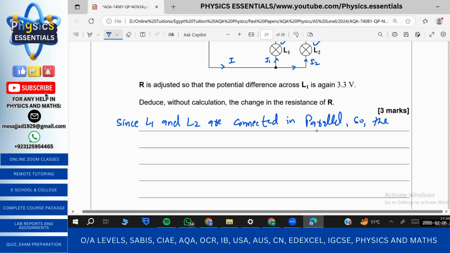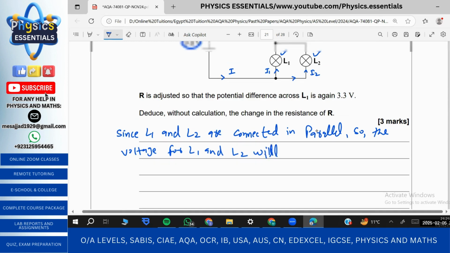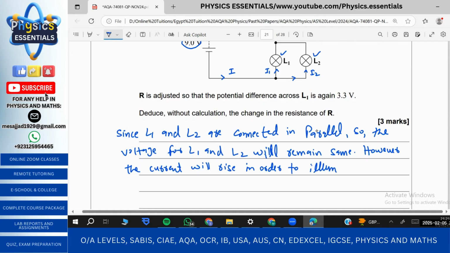So the voltage for L1 and L2 will remain the same. However, the current will rise in order to illuminate lamp 1 and lamp 2 equally.